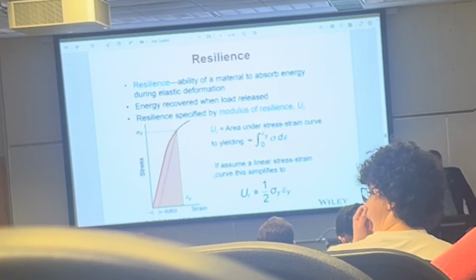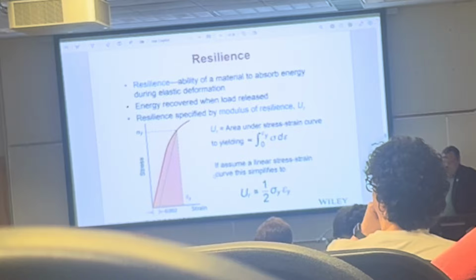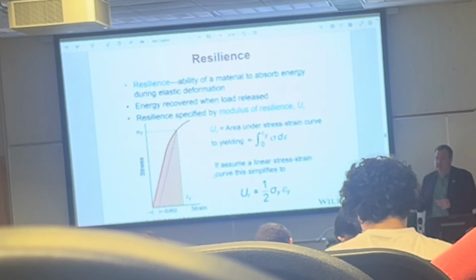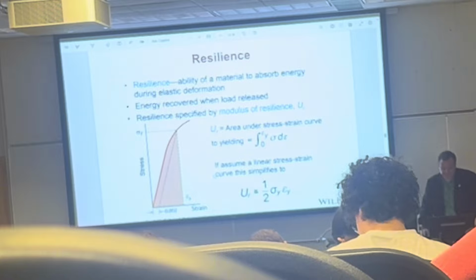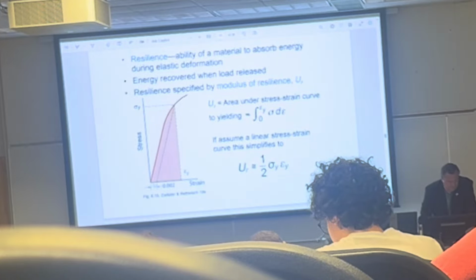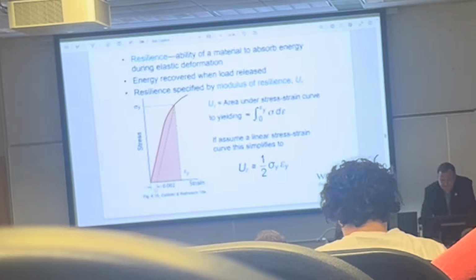There's another property which is called resilience, which is the ability of the material to absorb energy during elastic deformation. This is our 0.2% offset right here. If we unload from the yield point, it's going to follow this dashed line.